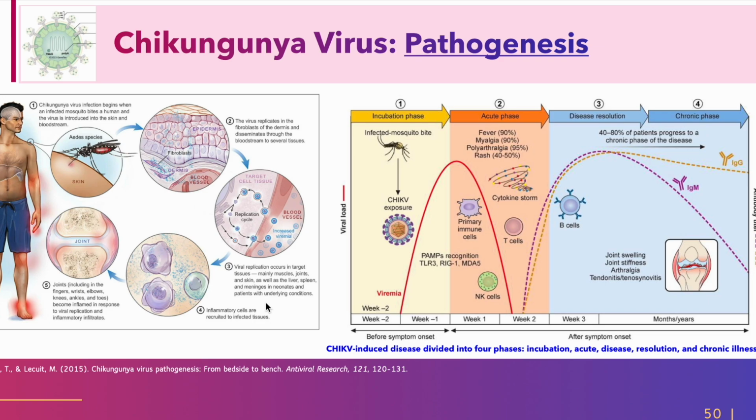Like white blood cells. These produce pro-inflammatory cytokines, and the cytokines cause inflammation in the target organ, like the joint.